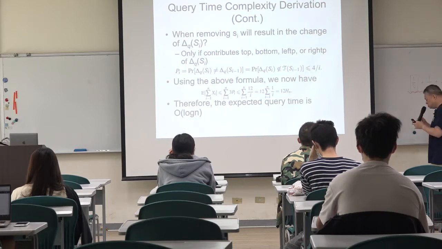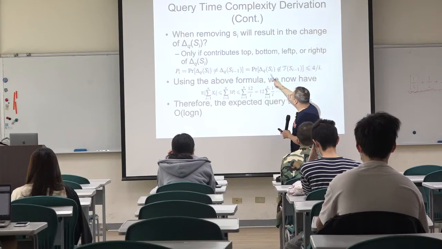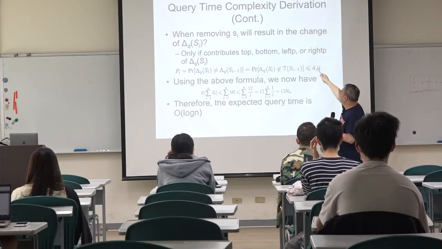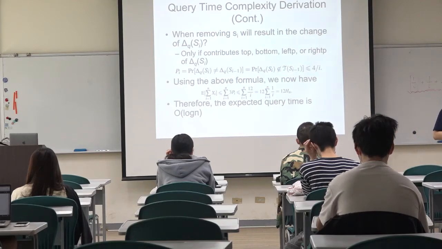So this probability is bounded by 4 over i.